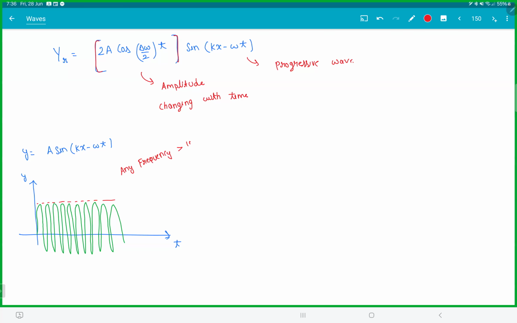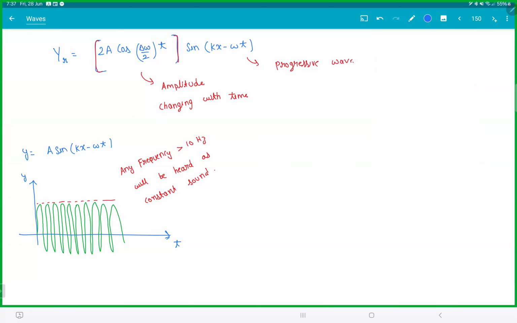Any frequency greater than 10 hertz will be heard as constant. Human ears have a limit of 0.1 second. That is what happens when two of your friends are talking to you at the same time. You don't understand any of them because the sounds are coming one after another and your brain doesn't know how to pick it up.